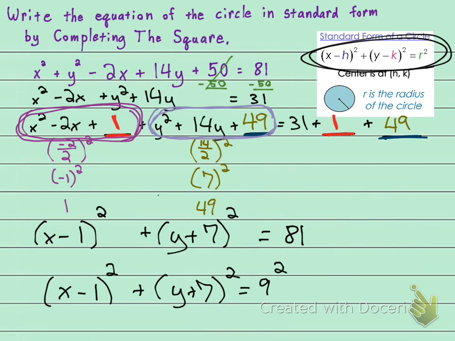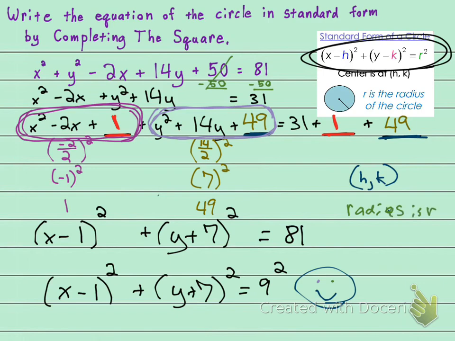Now that's all they're asking for, but remember, you can find the center of this circle and the radius once it's in standard form. Your center is going to be h comma k, and your radius is r.